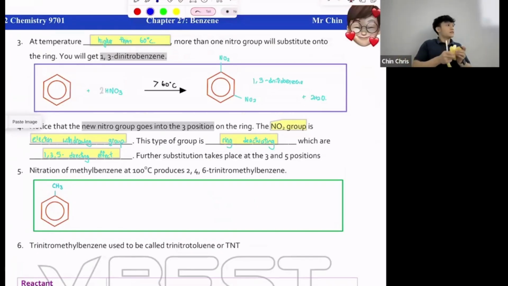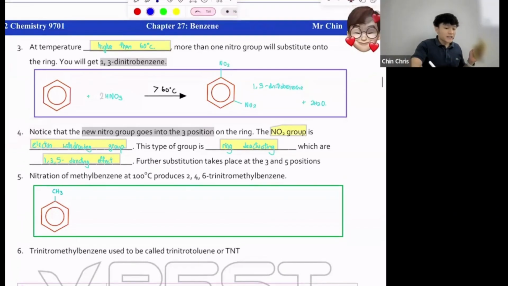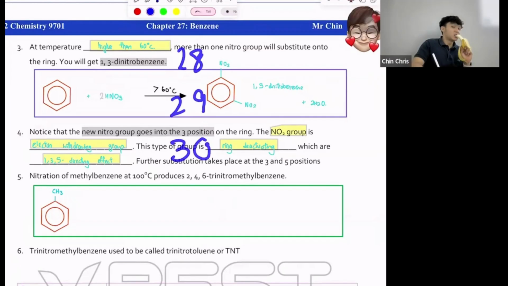How much organic carbon? It's like 3 chapters. Okay, organic reaction, we only have chapter 27, 28, 29, 30, no more. Actually, that's 31, but I'm going to skip 31.